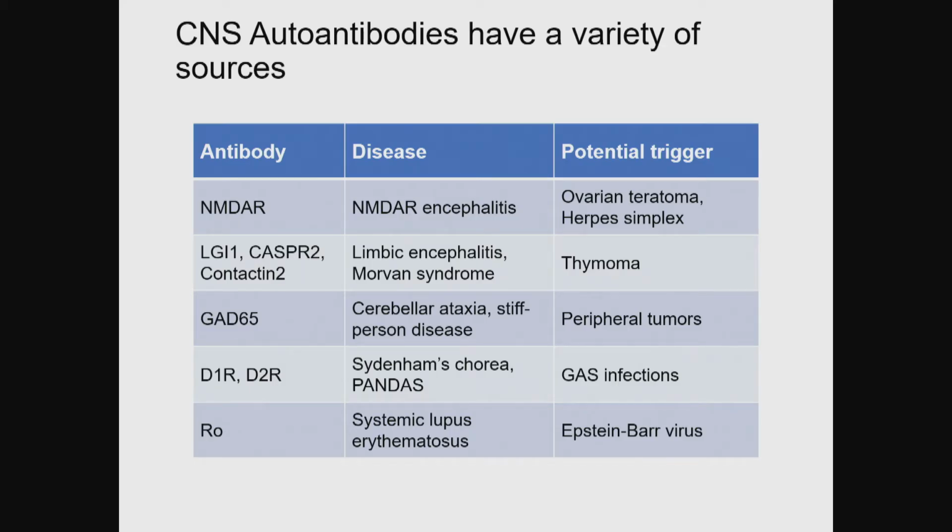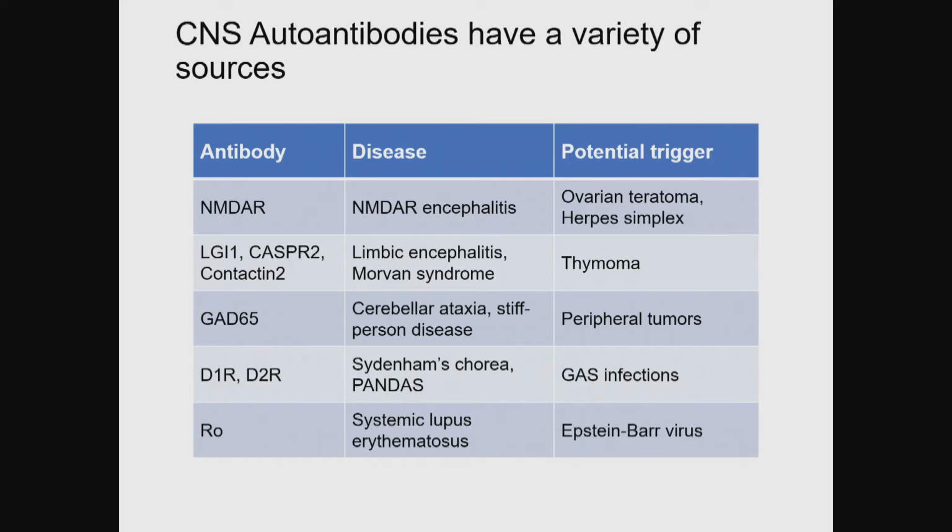So these triggers are very rarely identified, actually. Only in about half of cases are triggers for these autoimmune encephalitides ever identified. And it breaks down into two different classes of triggers. The first of which, as you can appreciate, is tumors. So ovarian teratoma, which is a tumor on the ovary, is very strongly linked to NMDA receptor encephalitis.